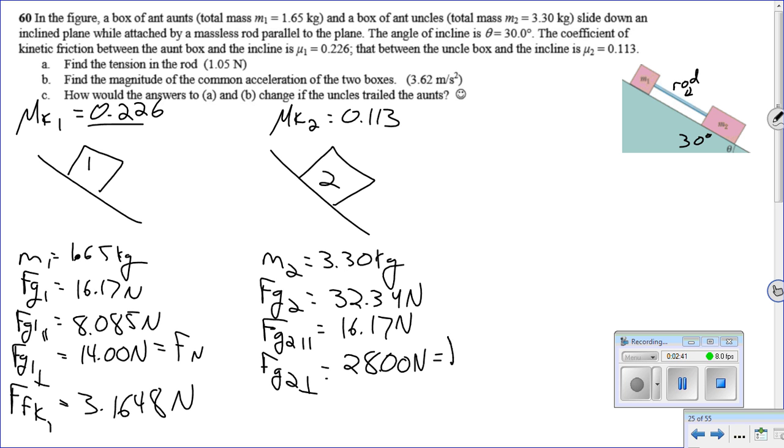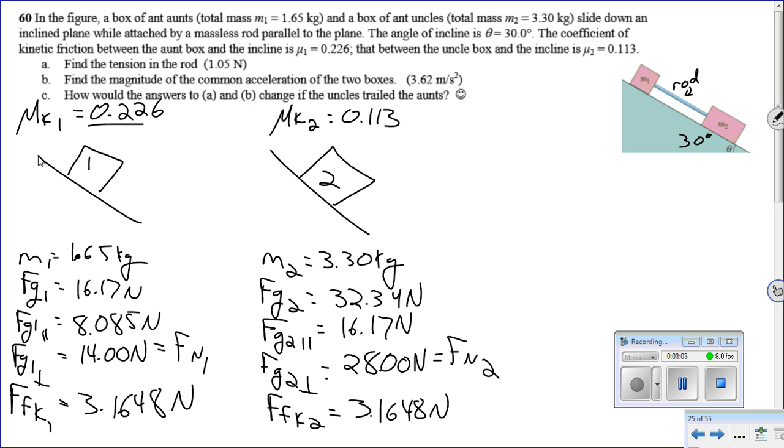That's going to be the same as our normal force on box number 2. And the force of friction kinetic on box number 2 also turns out to be 3.1648 newtons, because you've got twice the normal force but half the coefficient of friction. Okay, so we haven't even really done anything yet except to do some preliminary work.